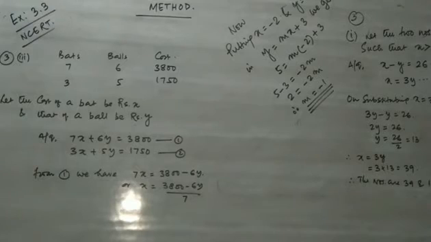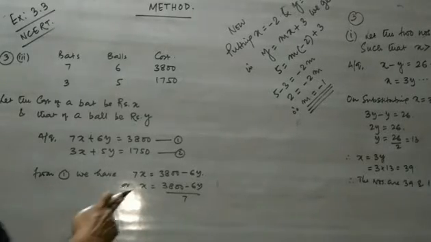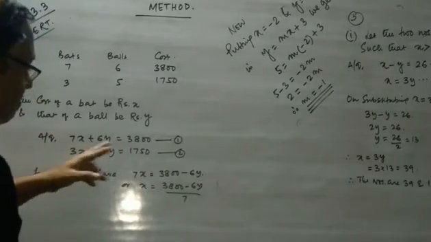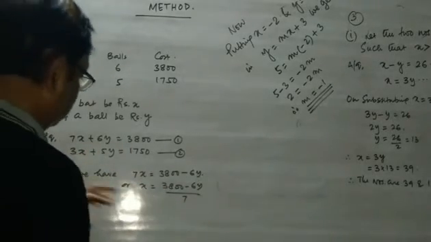Now one thing I would like to make clear: you can express y in terms of x or x in terms of y. But in the graphical method, necessarily you will express y in terms of x. So x is equal to (3,800 minus 6y) upon 7.